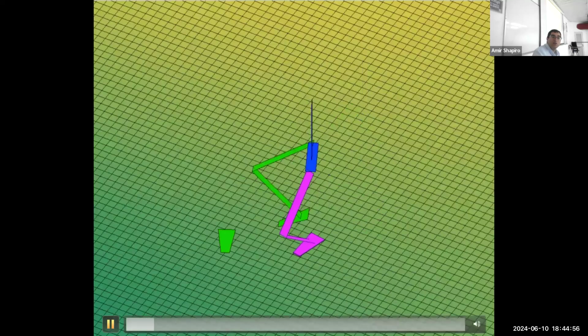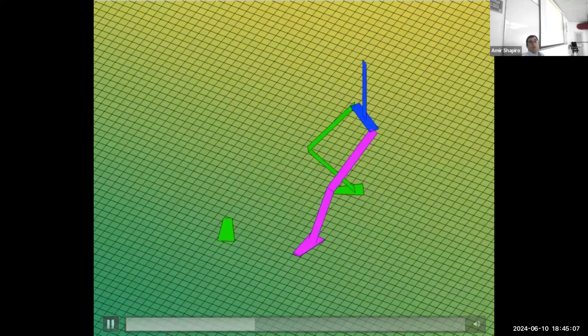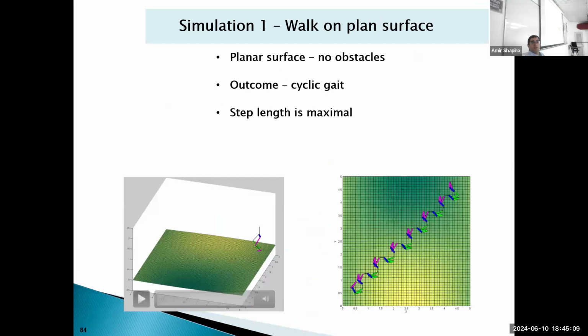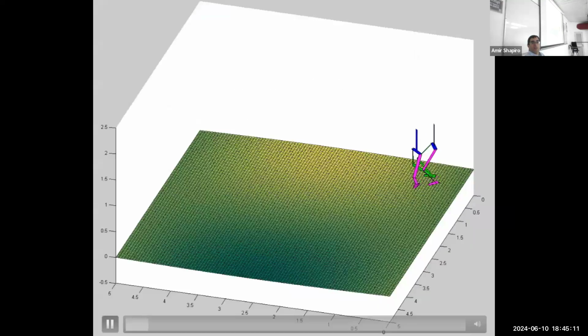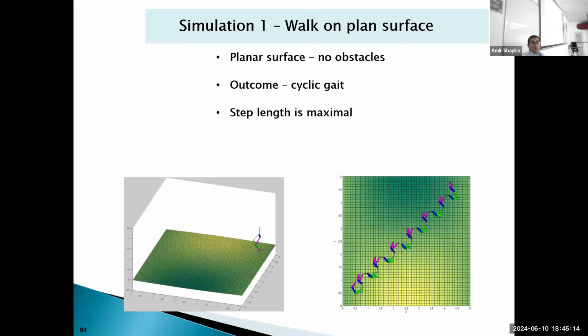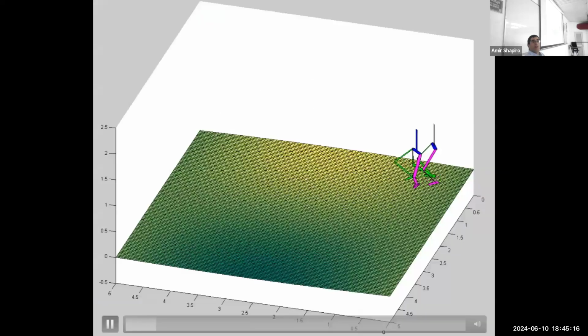This is how it is done. It is actually checking the orientation and planning forward. You can see here. Oh, what happened? Yeah, this is for walking on a flat surface.